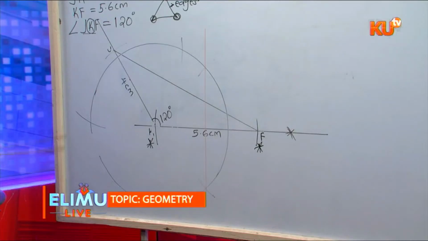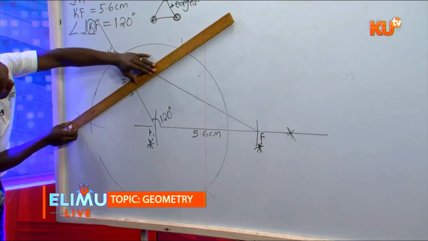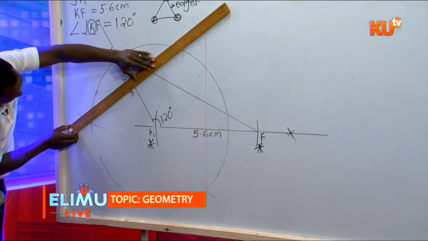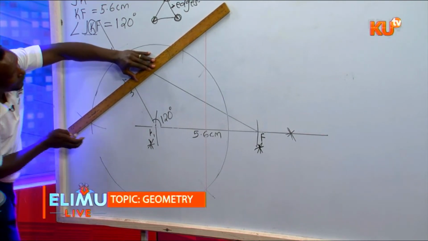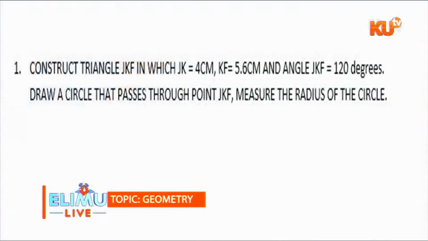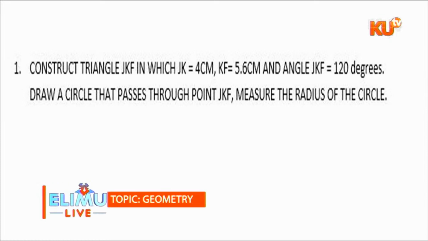Then take your red biro and gently join. After joining, you have seen this is the point where this perpendicular bisector and this perpendicular bisector have met.